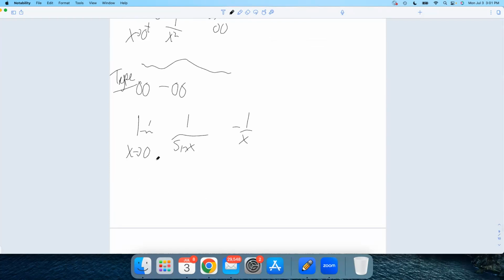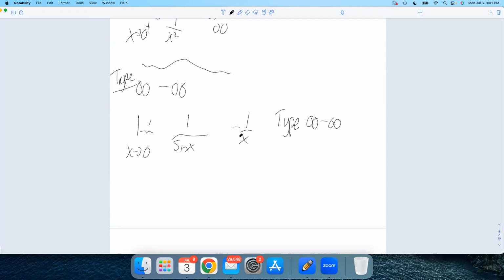As x goes to 0, sine of x goes to 0. 1 over 0 is infinity in the limit. Same thing here, 1 over 0 in the limit goes to infinity. So this is of type infinity minus infinity.